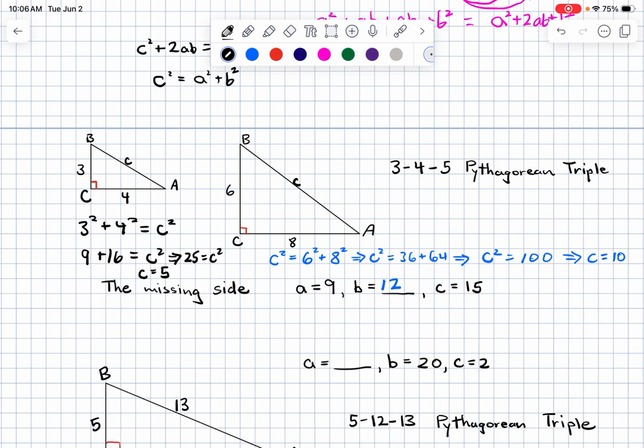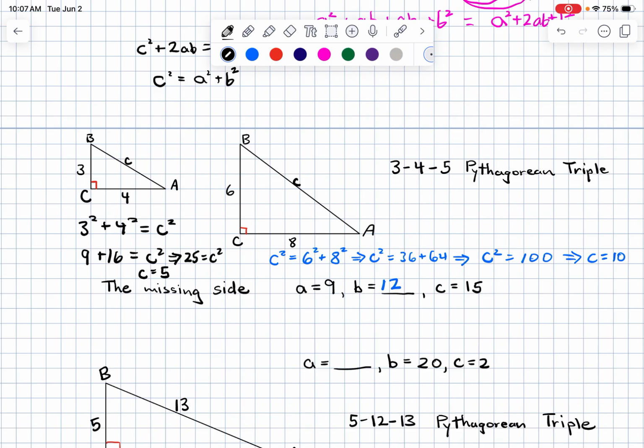And there are some other Pythagorean triples that sometimes you'll see on there. I don't keep them in my memory, but I think there's like a 5, 12, 13, 8, 15, 17, those things, but you can look those up. Okay, now let's continue on here.